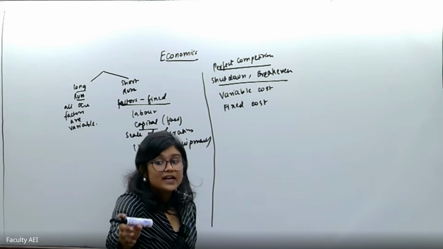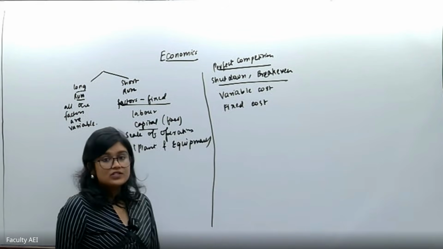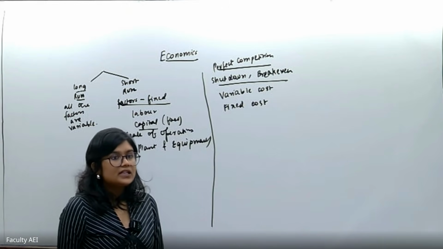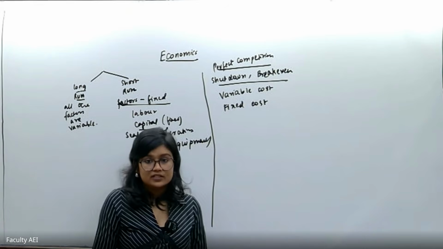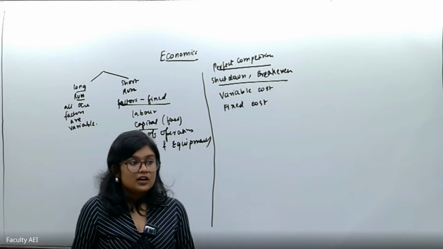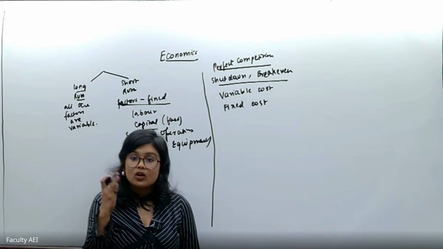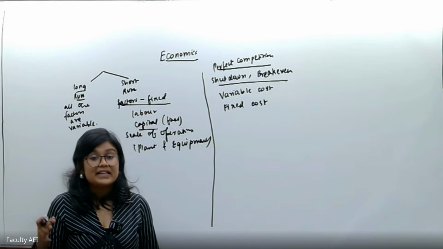When the firm hires more people because of the level of production, it would be a variable cost for them. If it's a period of less demand, their product is not that demanded in the market and they do not need to produce that much, or they have a buffer, so they do not need that extra labor. So the extra labor is a variable cost for them; it keeps on changing.